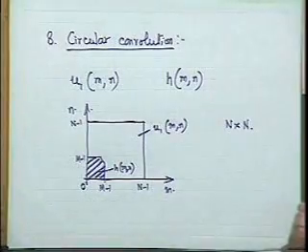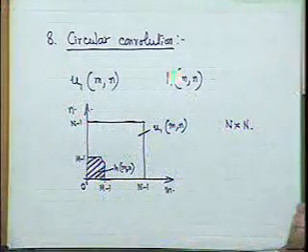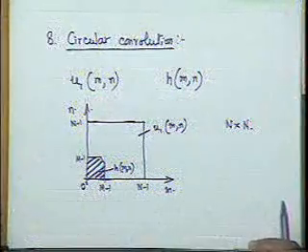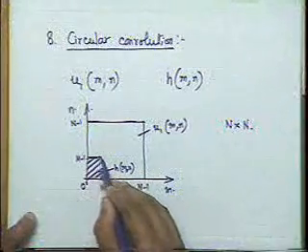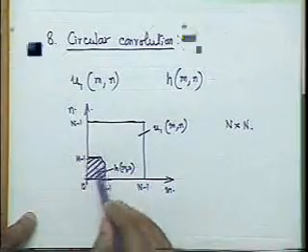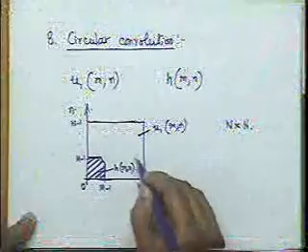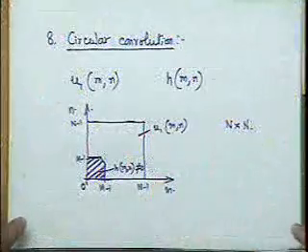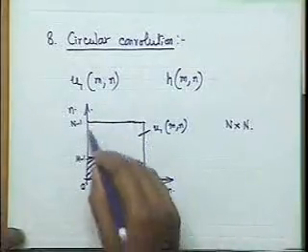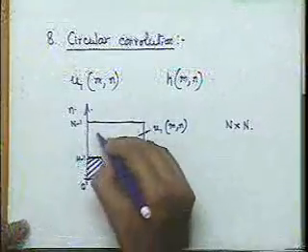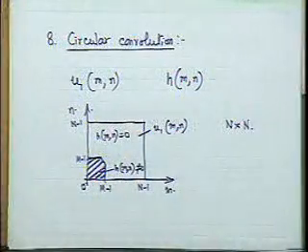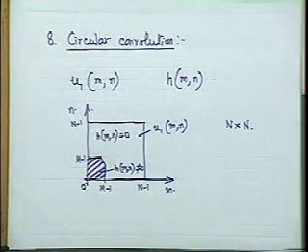Before that, when the function h of mn is within this zone which I have indicated by this shaded region, then h of mn is not equal to 0, whereas in the unshaded portion, h of mn is equal to 0. So simply I have taken two sequences of unequal lengths. One sequence is of size n by n and the sequence h of mn is of size m by m.